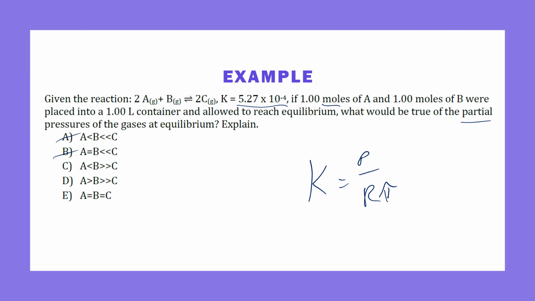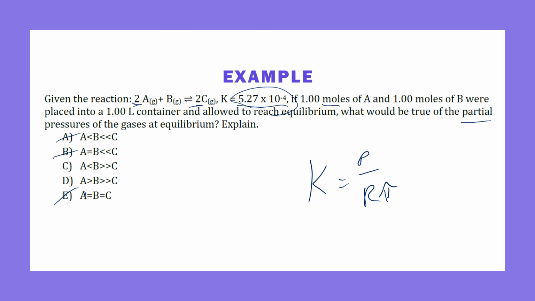It doesn't have to be exactly 1 because of the coefficients affecting your equilibrium expression, but because it's so small and so far away from 1, I would not choose E either. So C is very small in comparison to A and B.